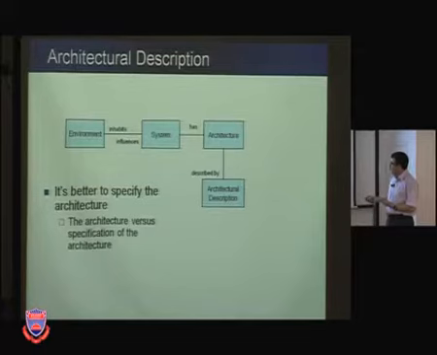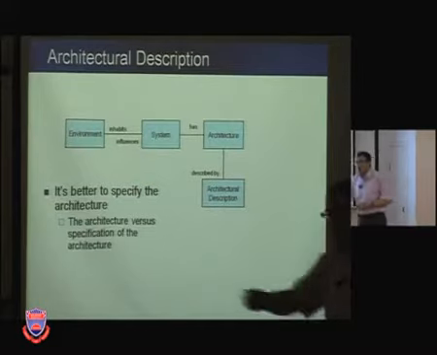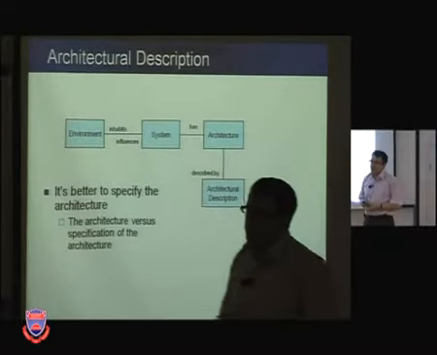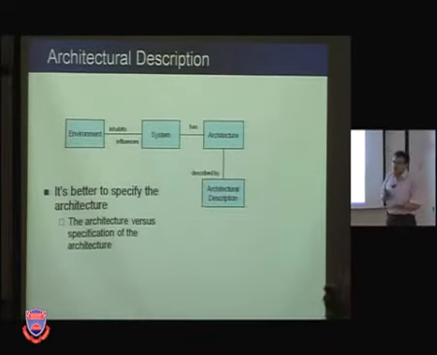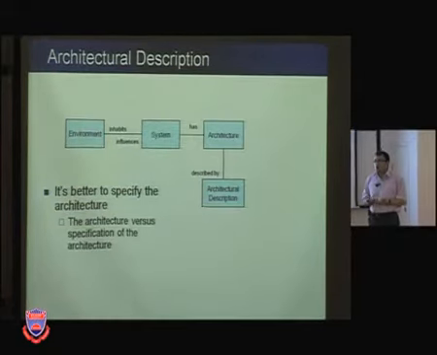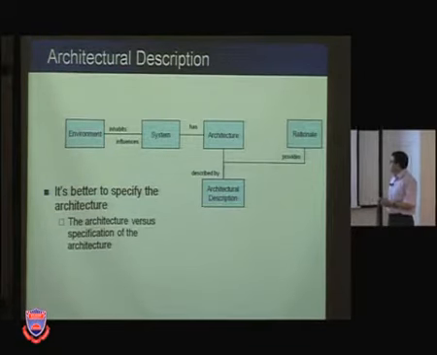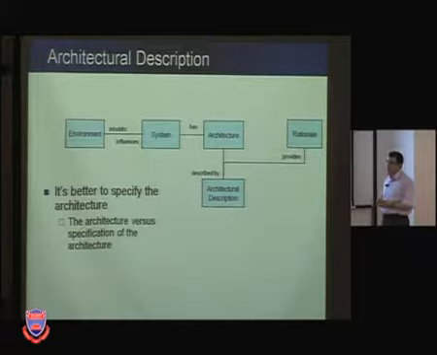There we have the notion of the architecture versus the specification of the architecture. Every system has an architecture, and this architecture is described by an architectural description. It's a general notion, describing architecture. You don't say yet how, but we have to make it explicit by some means. Typically, this architecture provides some rationale.